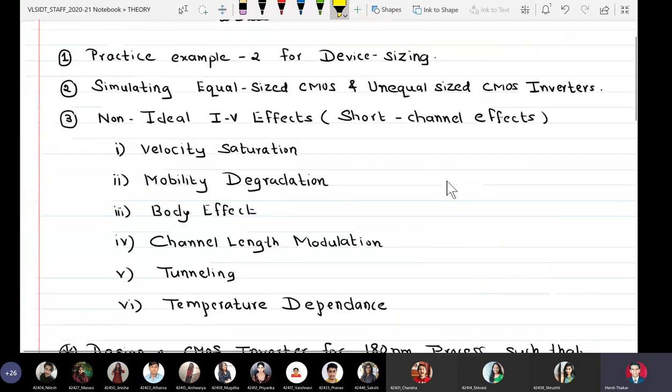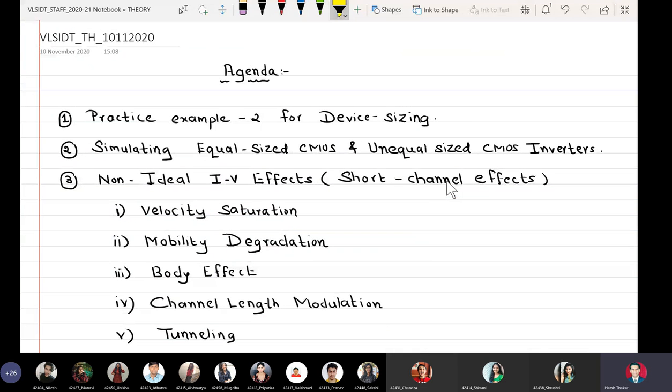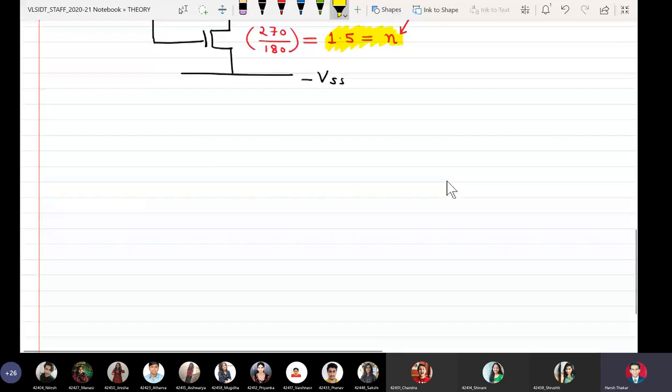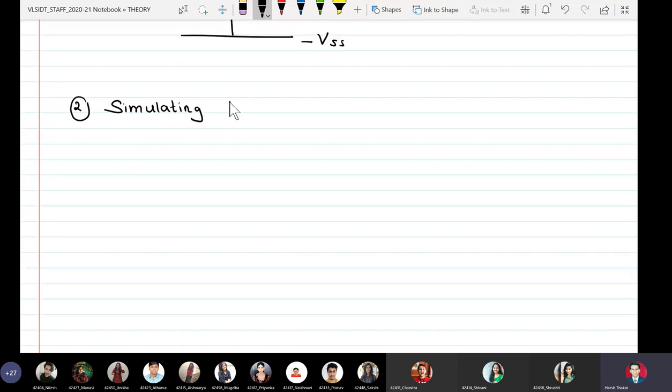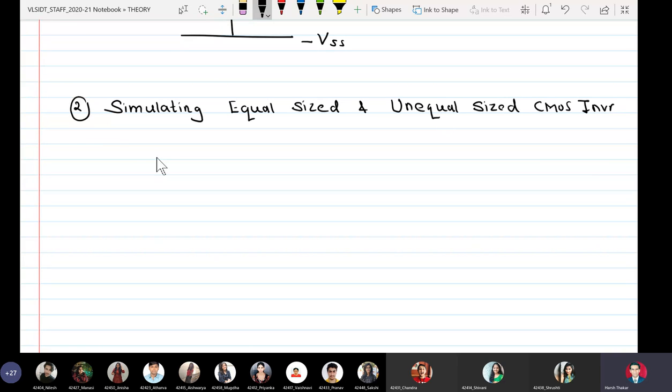Okay. Now what we do is that we actually do simulations of equal and unequal sized CMOS inverters, and here we are going to take the previous numerical into account. Okay, so simulating equal sized and unequal sized CMOS inverter.